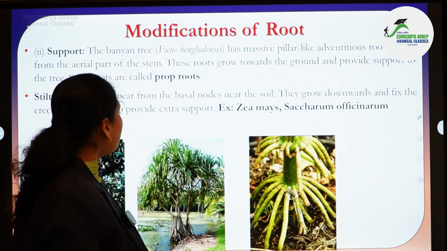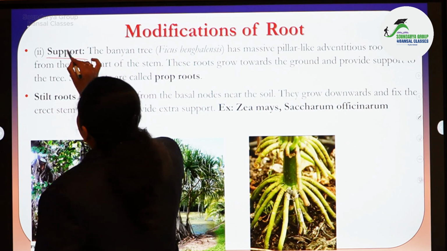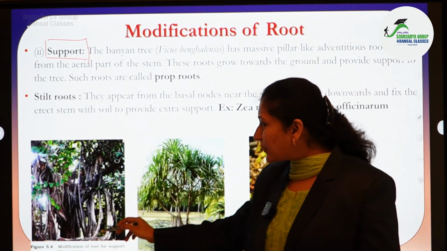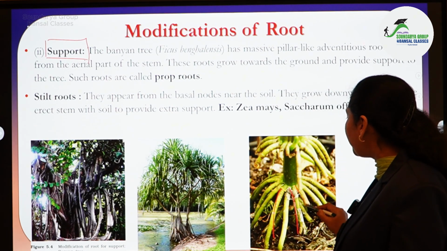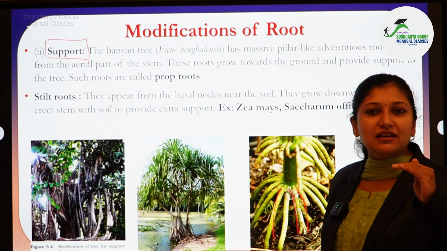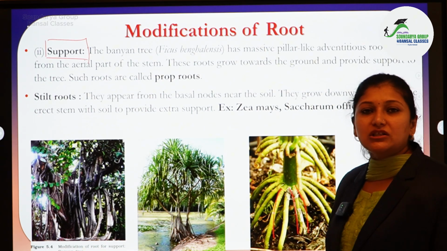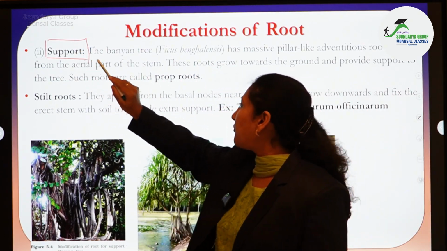Then modification of root, in that the second type is support. For support, roots are modifying. Look here, this is a prop root which is an adventitious root. This is a stilt root which comes from the base or the node which is near the ground. From that it starts growing, so it is giving additional support to the stem. That's why they are known as support type of root.